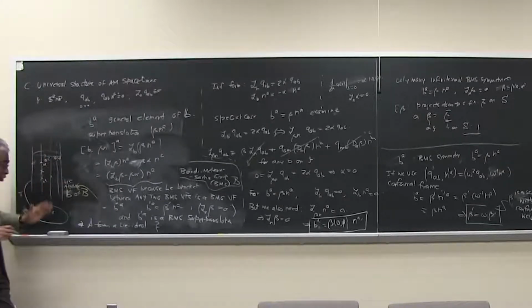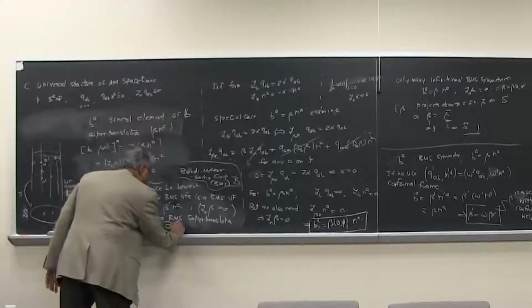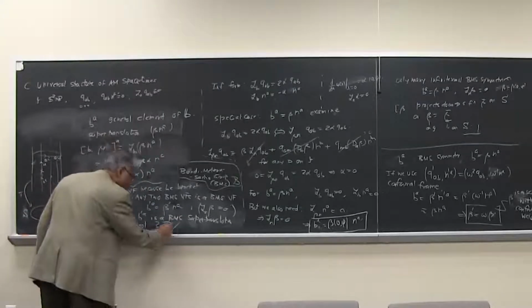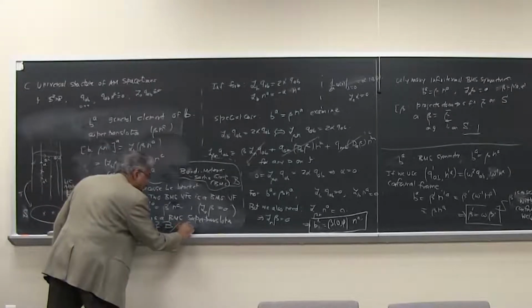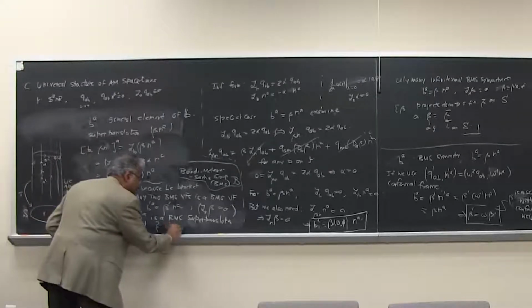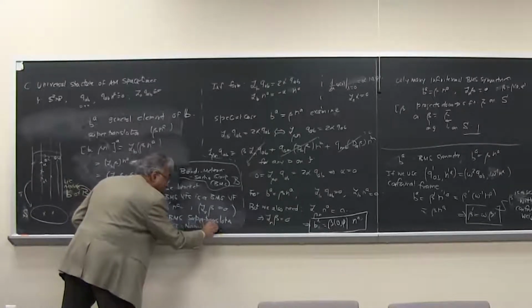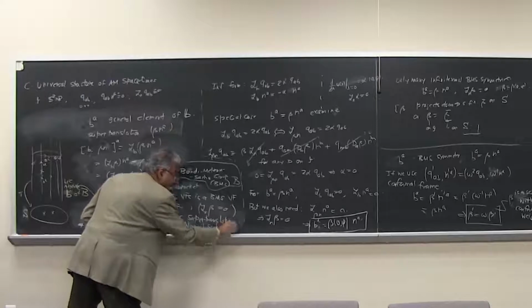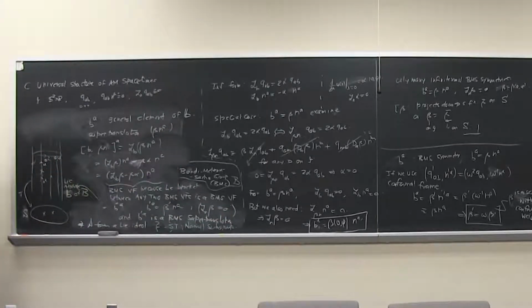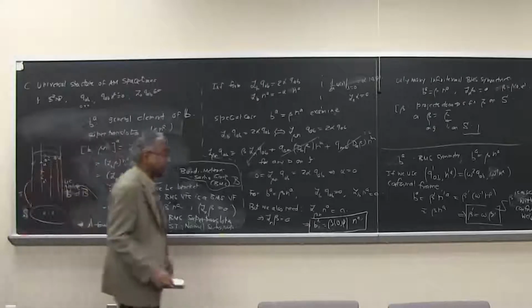And what we're showing here is basically that if I take the BMS group and quotient it with the super translations, that if I take the full BMS group, then the super translations form a normal subgroup. Not only is it an abelian subgroup, but it's a normal subgroup. And the general fact about mathematics, just groups, is that if I give a group and you have to give a subgroup, it doesn't have to be abelian, but if it's a normal subgroup, I can take a quotient, and the quotient is again a group.